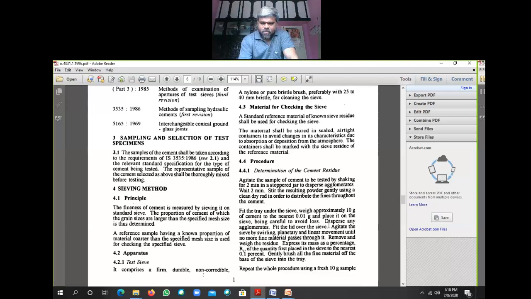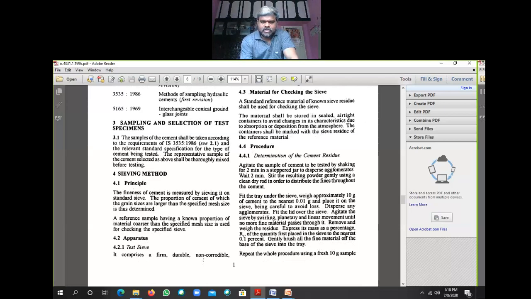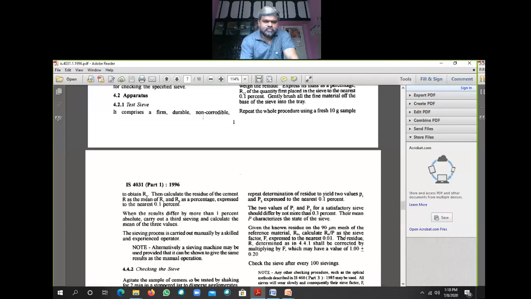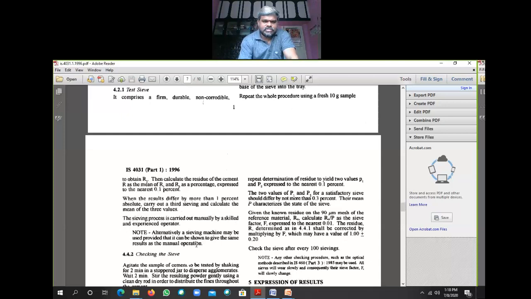Fit the lid and agitate for 2 minutes or 10 minutes. Then the residue R, the residue retained on the sieve, should not be more than 10%.